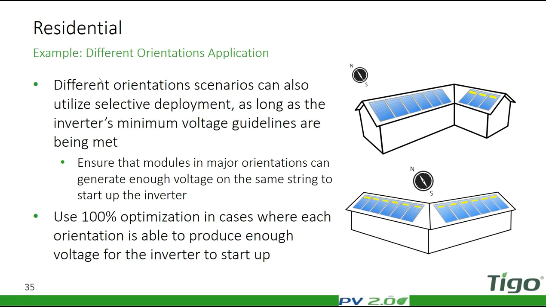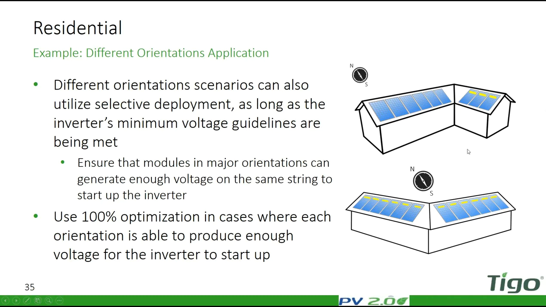We talked a bit before about different orientations, and what I wanted to show here is it's basically also doable with selective deployment. If we look here, we're mentioning which orientations should have enough panels to start up the inverter. In this case, I have my panels facing south. I have my panels facing west. And now the sun comes from here.